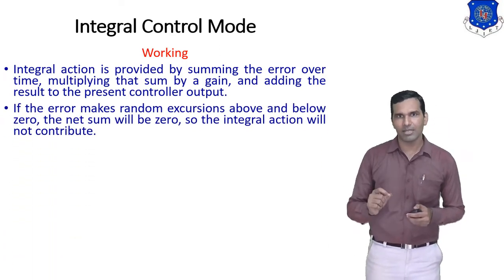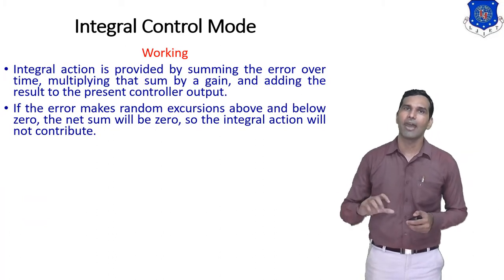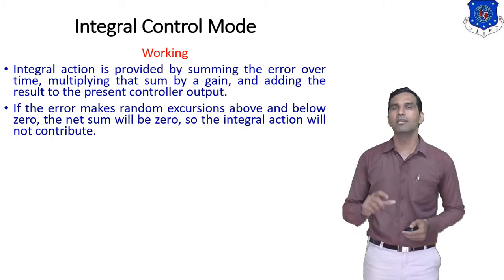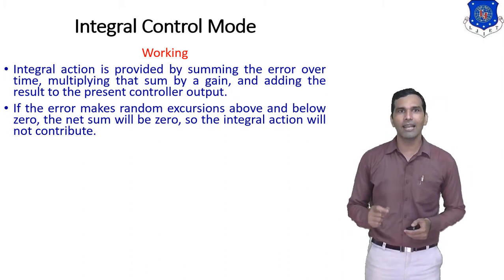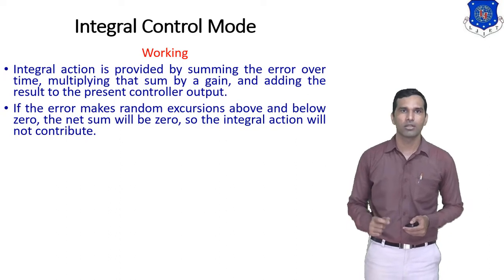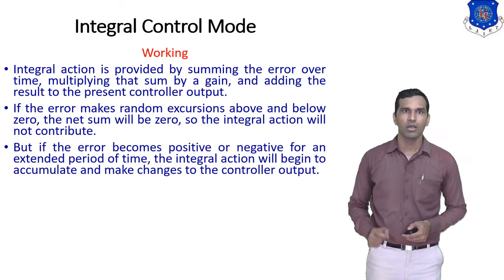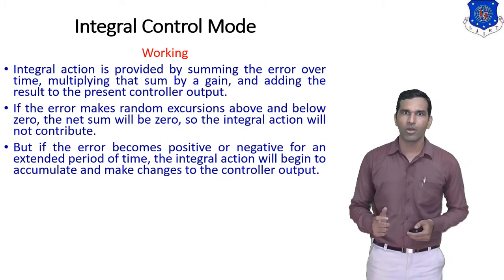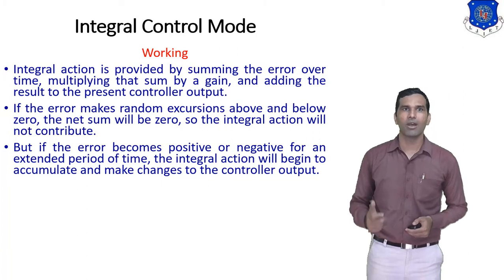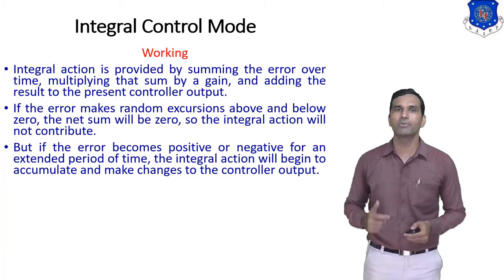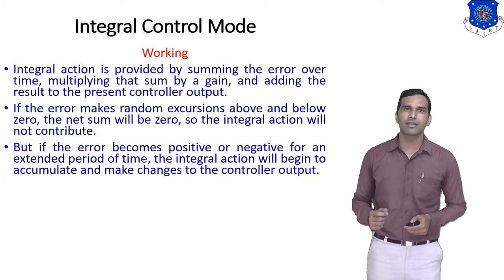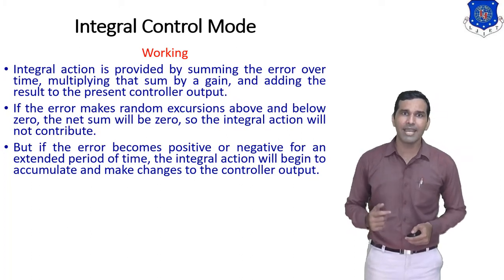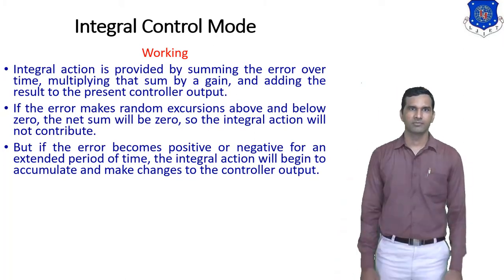If the error makes random excursions above or below 0, the net sum will be 0, so the integral action will not contribute. But if the error becomes positive or negative for an extended period of time, the integral action will begin to accumulate and make a change to the controller output.